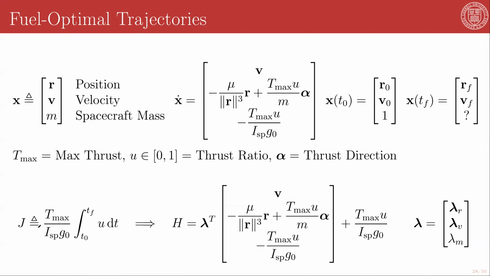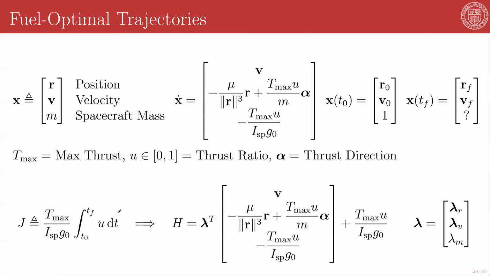And our cost function is the integrated control over our trajectory. And because this thrust direction is assumed to be a unit vector, it's really just the value of U that controls how much fuel we've burned. In order to get it into physical units, we again scale by this maximum thrust divided by specific impulse and standard gravity.